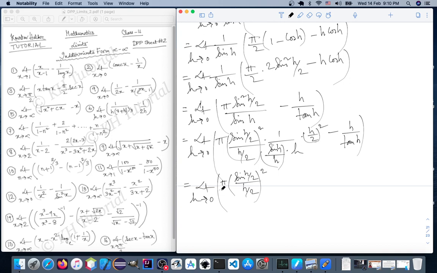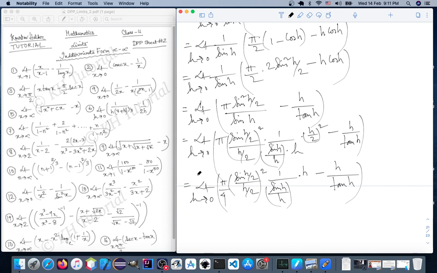Let's put this 4 over here and we have this sine h by h and h square, so we will have h over here. I hope I'm right. h square by 4h.